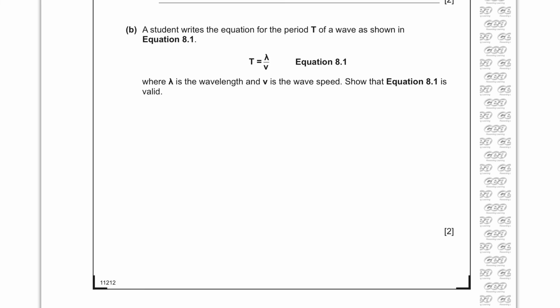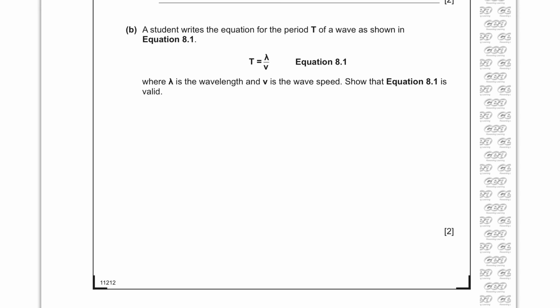Part B, a student writes the equation for the period T of a wave as shown in equation 8.1, where lambda is the wavelength and v is the wave speed. Show that equation 8.1 is valid.